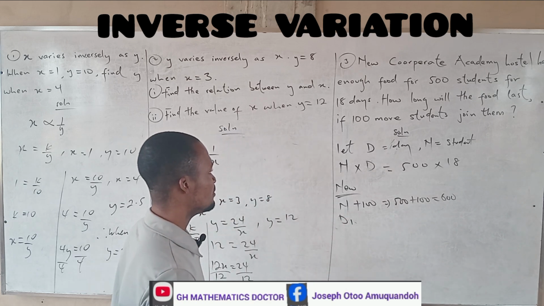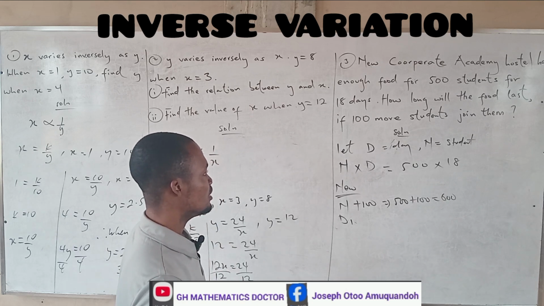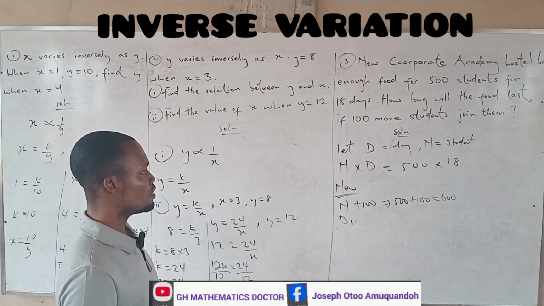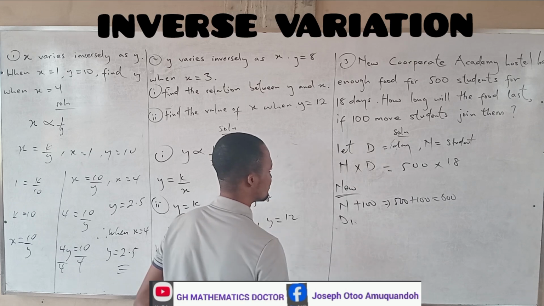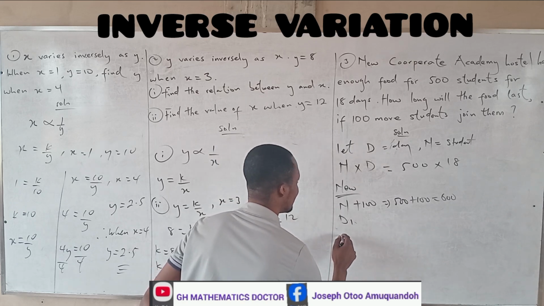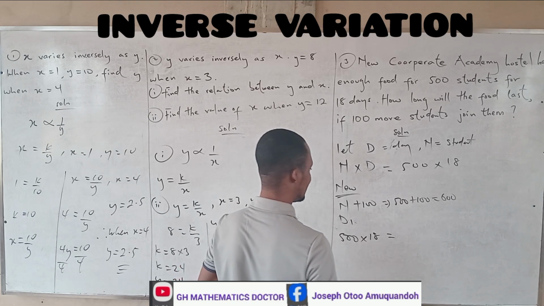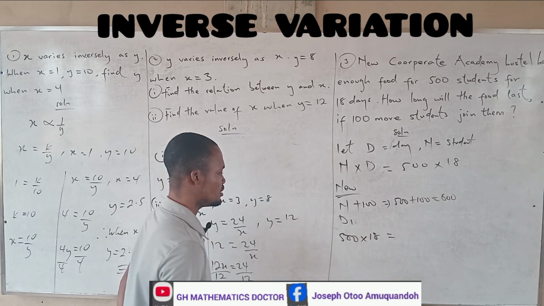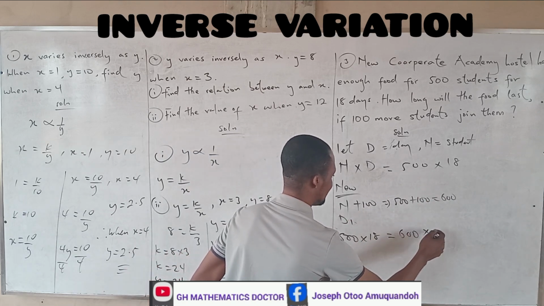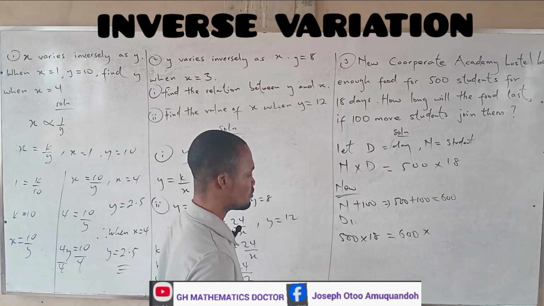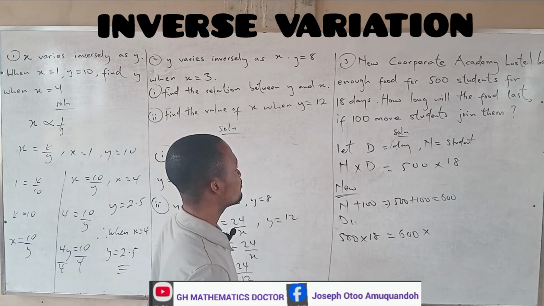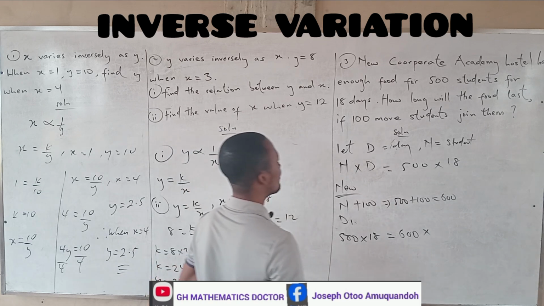So for us to solve this problem, you need to express this and solve them in terms of the equation. So the first problem says 500 by 18. Then the second problem, that is when the number of students is increased, it will be 600 by, we don't know the number of days the 600 students are going to spend eating the food.